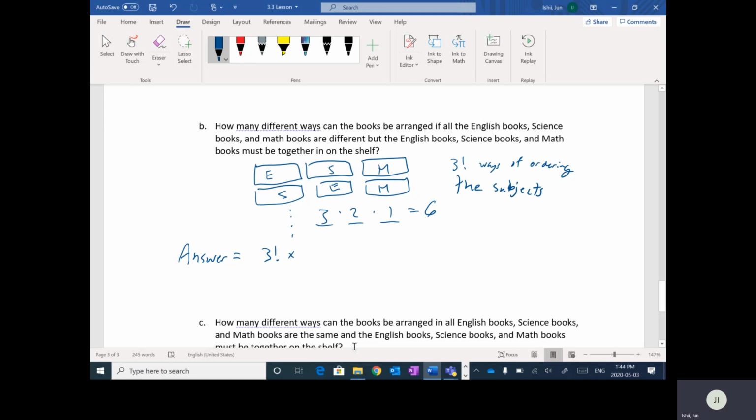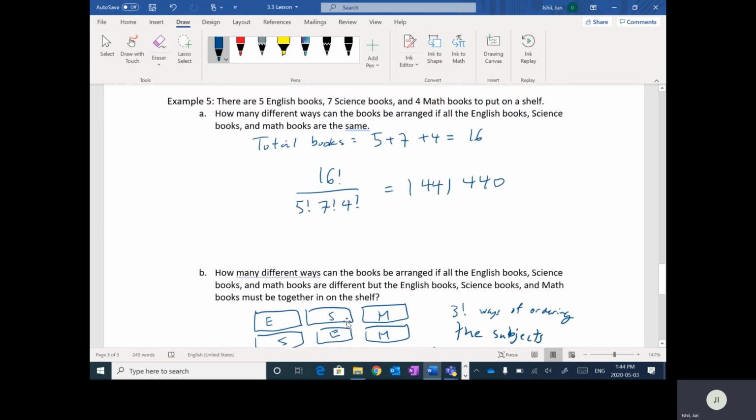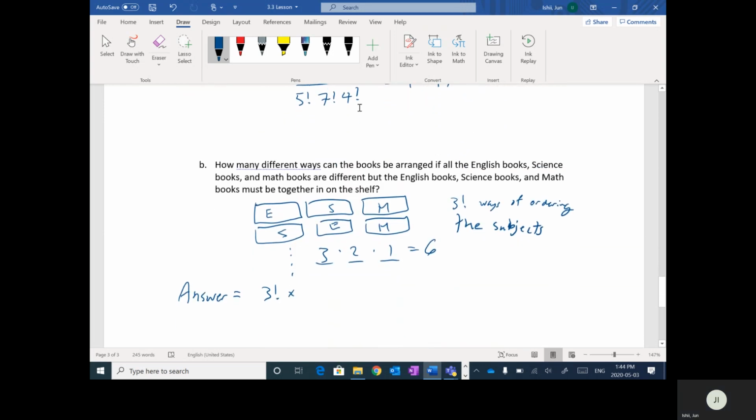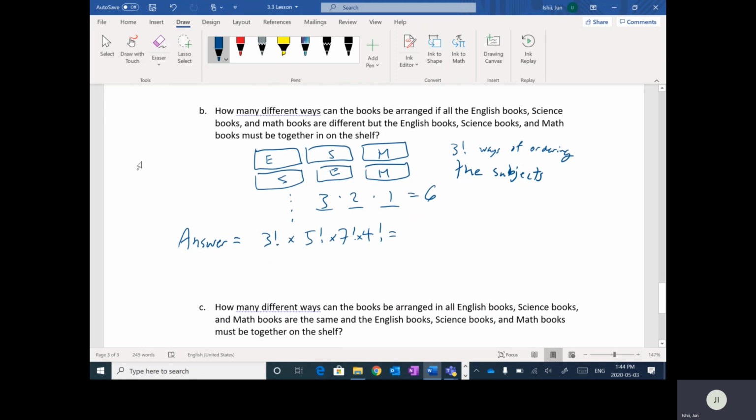The numbers were 5 English, 7 science, 4 math. Actually, they're right here, so I can kind of cheat. So 5 factorial, 7 factorial, and 4 factorial. So this is going to be the answer. Again, this has to do with the ways to order the subjects.